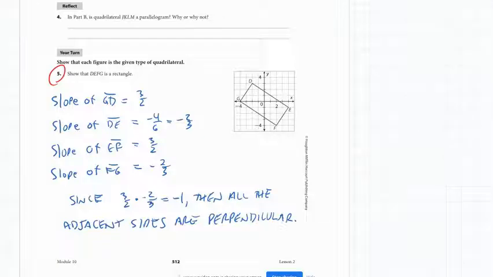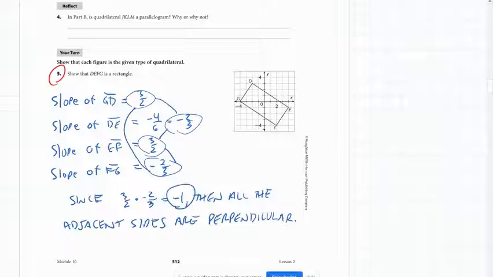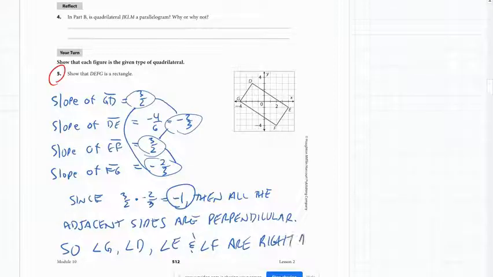Okay, so you can see the work I did here. I found the slope of all 4 sides. So the slopes are 3/2, -2/3, 3/2, and -2/3. And when we multiply the slopes that are right next to each other, multiply these two, multiply these two, multiply these two, and multiply these two, they all turn out to be a product of -1, which means all the adjacent sides are perpendicular. And so that means angle G, angle D, angle E, and angle F are right angles.